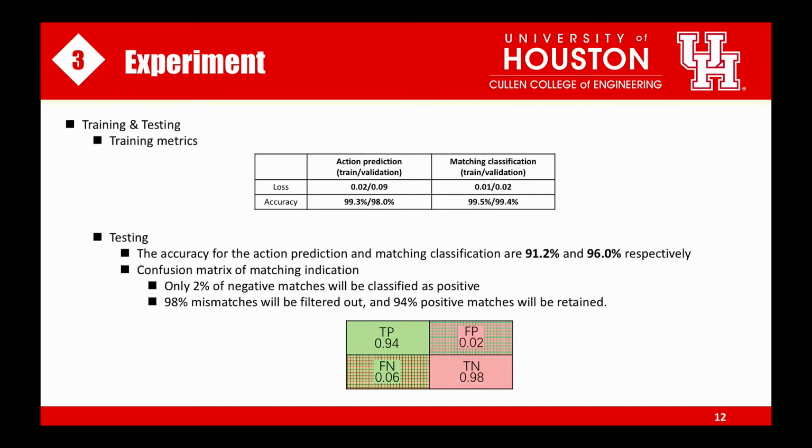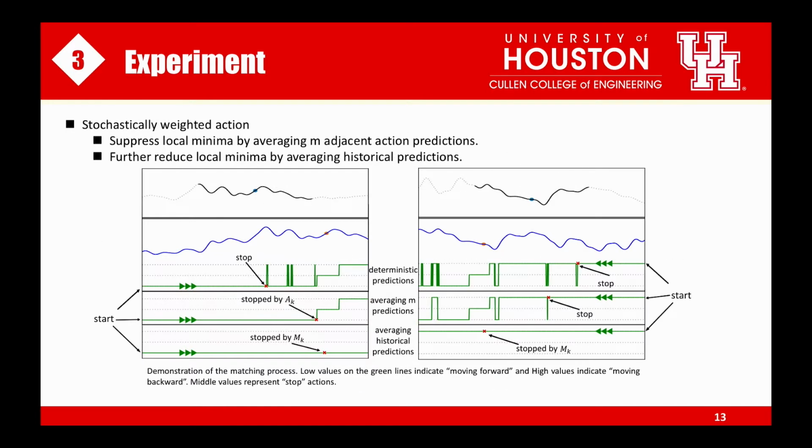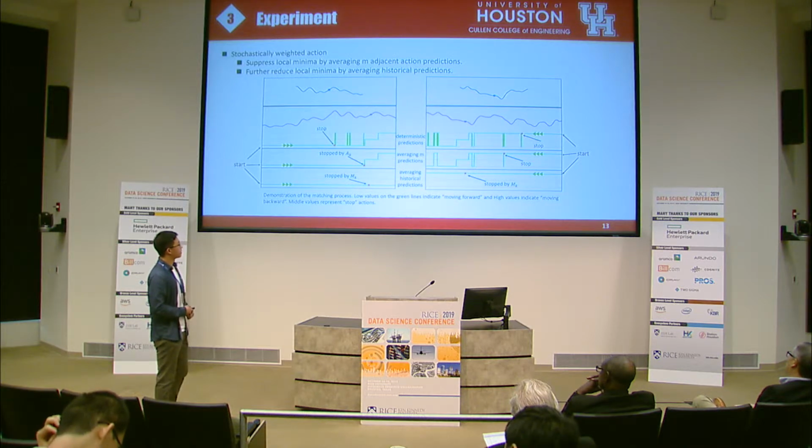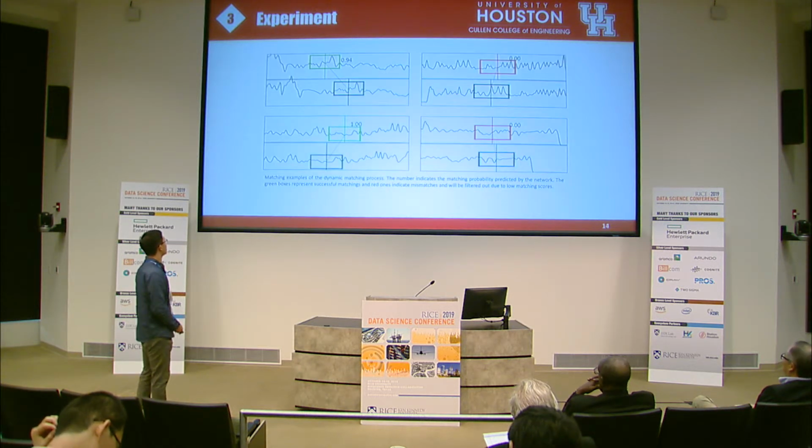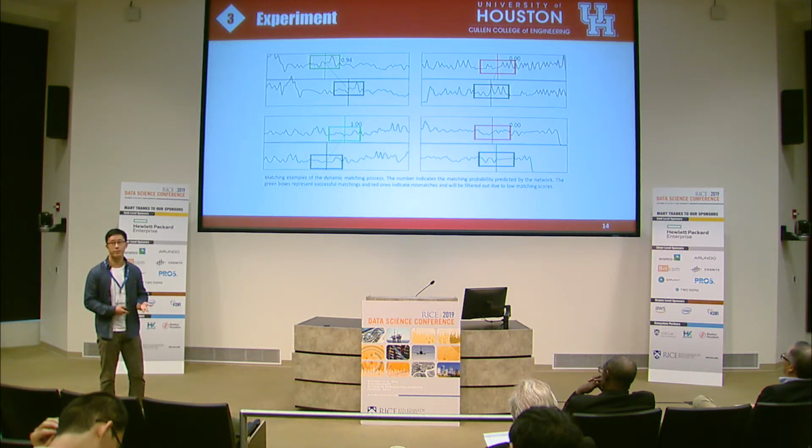And the confusion matrix shows that we have both high precision and high recall. So here we show the effectiveness of the stochastic action decision. By 2 steps of the post-processing, the mispredictions are fully eliminated.